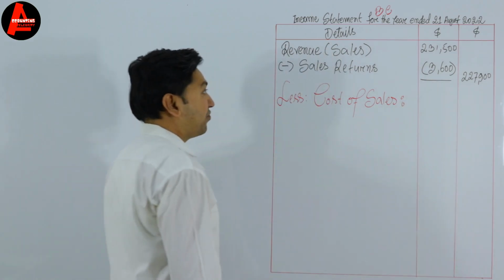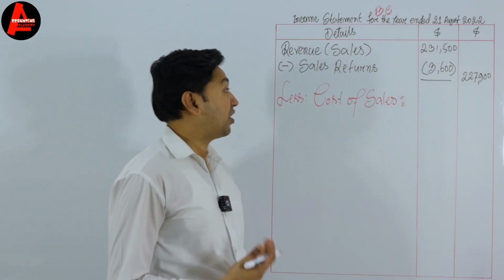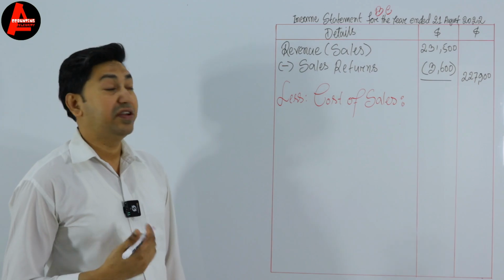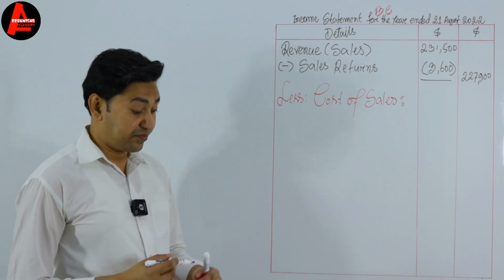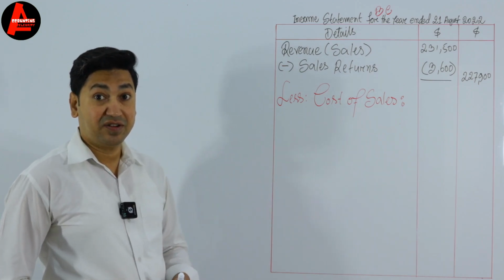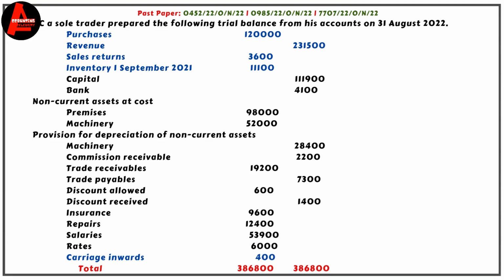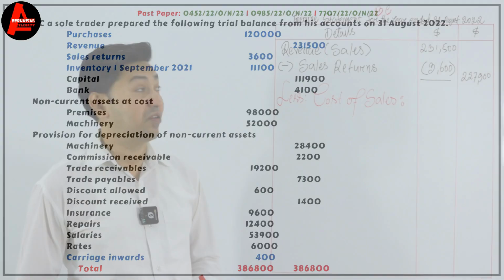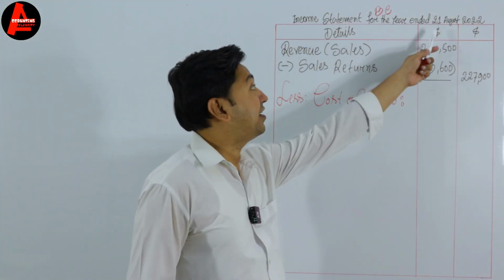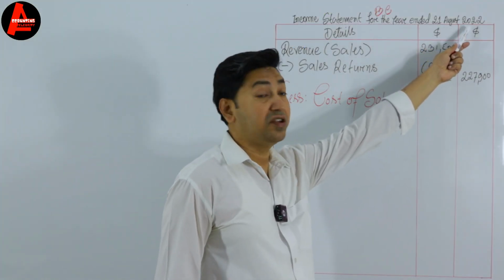You need to remember the format, the steps one by one, what you write here. So under this cost of sales, first of all, we will write what? We will write opening inventory. On the question, we have opening inventory, 1st September 2021, it is $11,100. So here the year ended 31st August 2022.